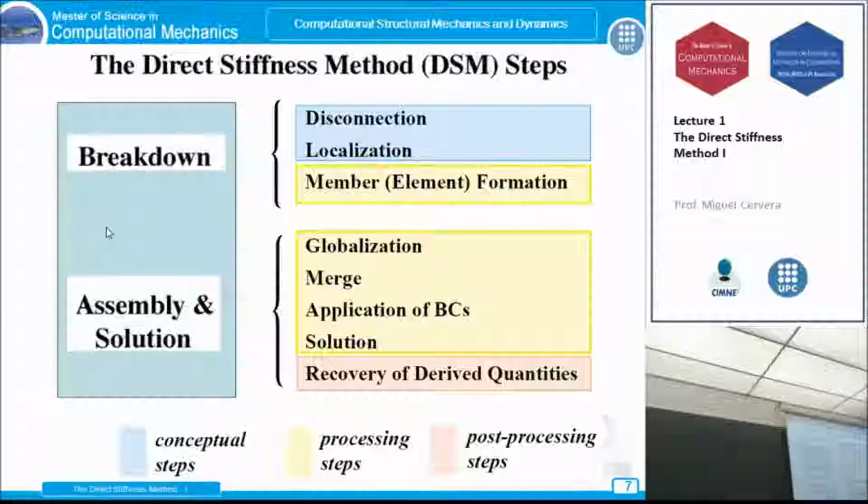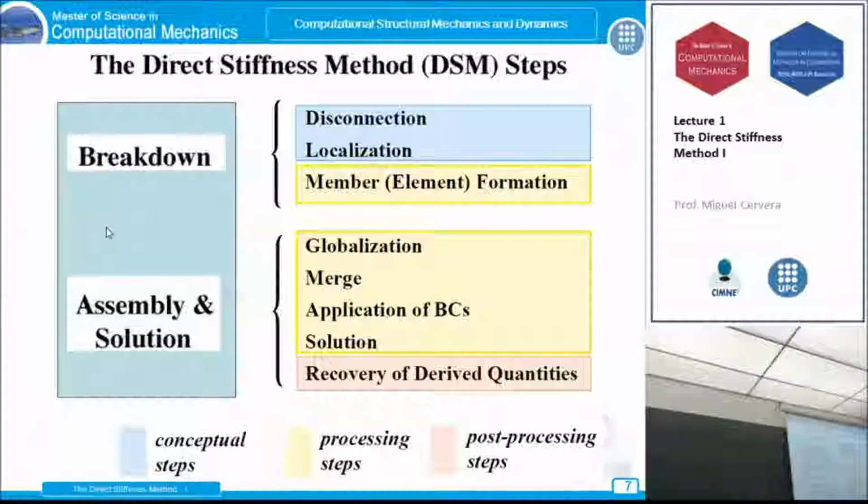By the way, the solution will give us the displacements. But we want more than the displacement. We want, for instance, the axial forces in the bars. That is the recovery of derived quantities. So if we put a little bit of color, we have these two, which are mainly conceptual steps.